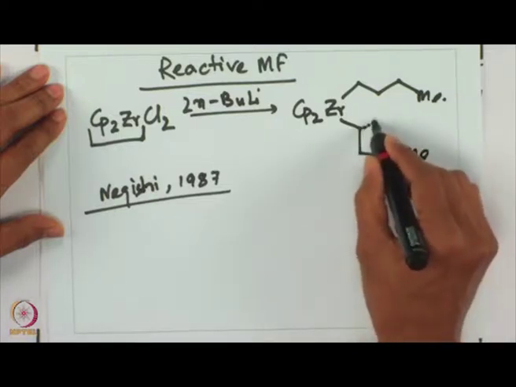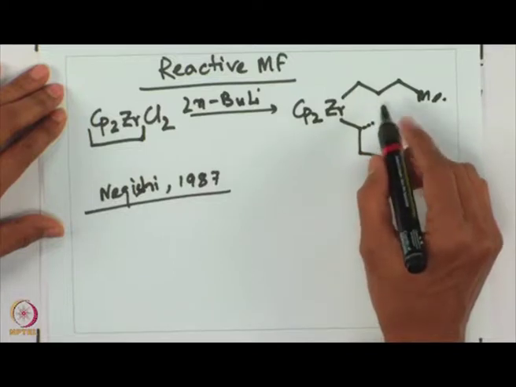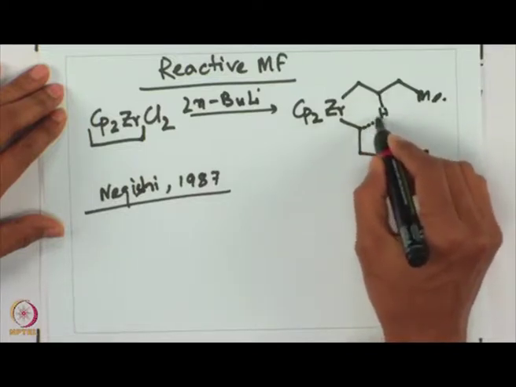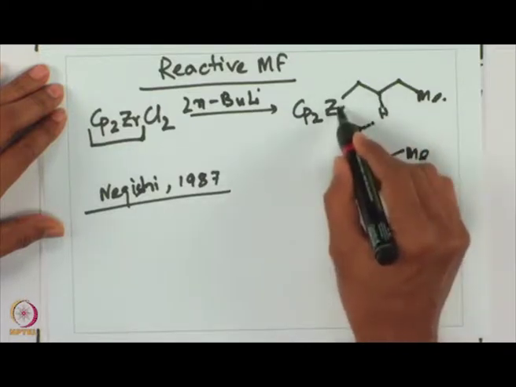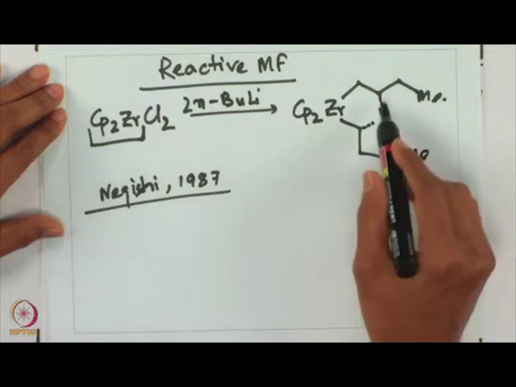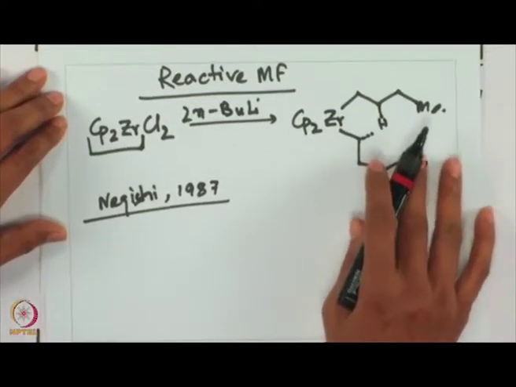From there on, this hydride is basically undergoing beta abstraction. This is alpha, beta, zirconium in the 4+ state. Therefore, there is no possibility of undergoing a beta hydride elimination from this process.